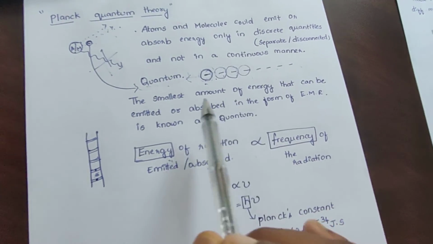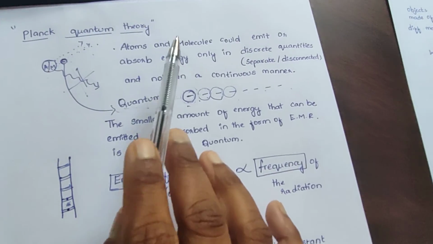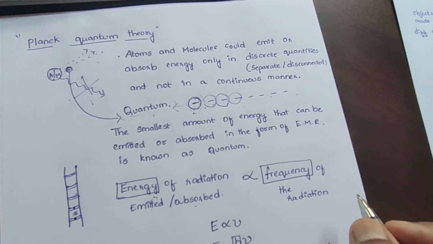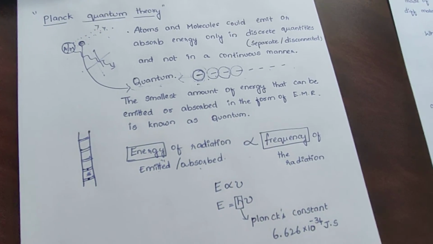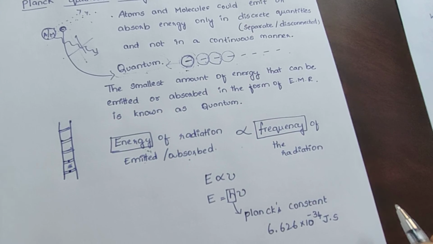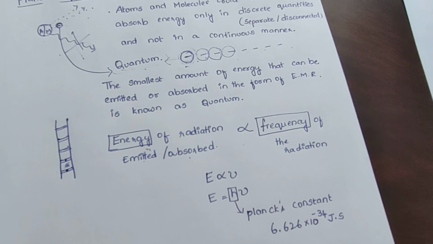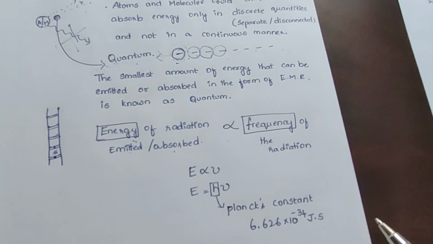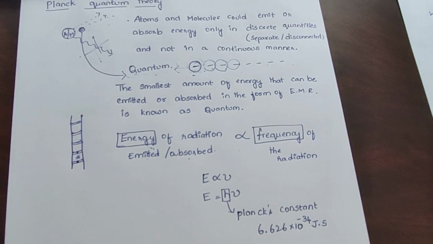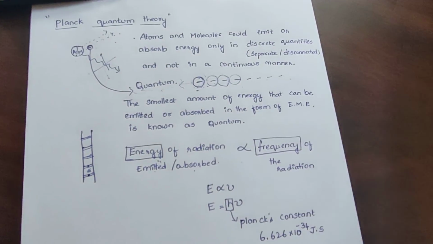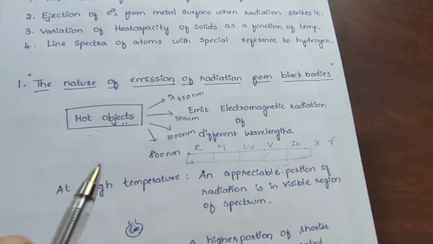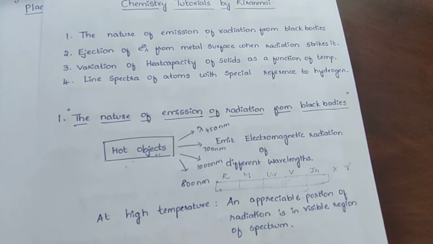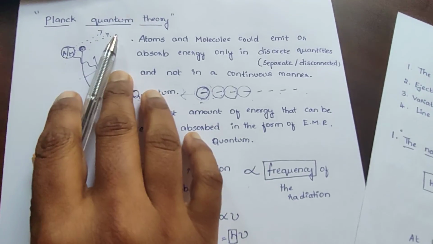So this is Planck's quantum theory. Based on this theory, Einstein successfully explained the photoelectric effect. This will be discussed in the next video. So in this class we discussed the nature of radiation from black bodies and also Planck's quantum theory.